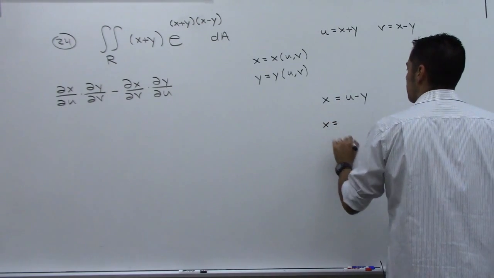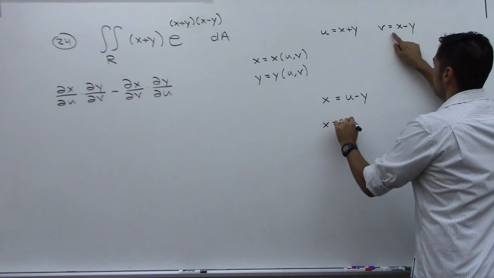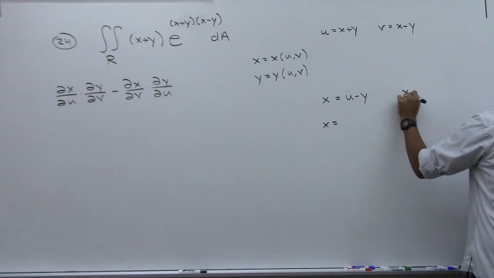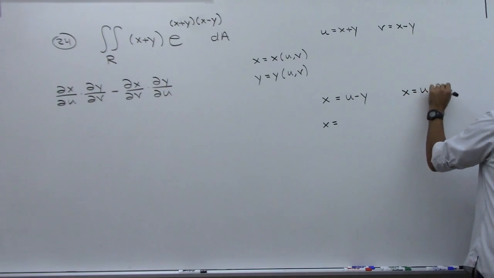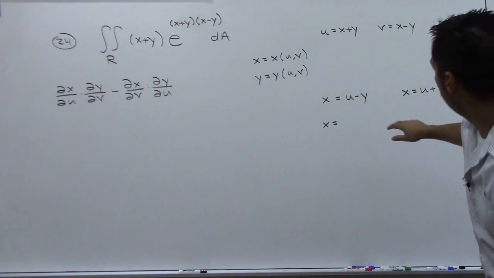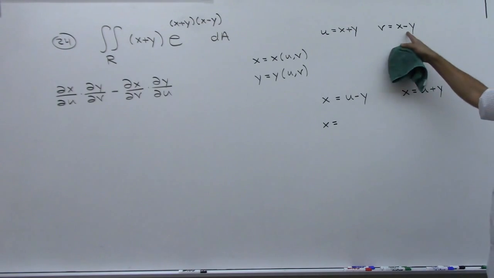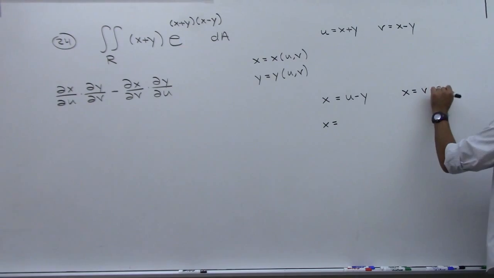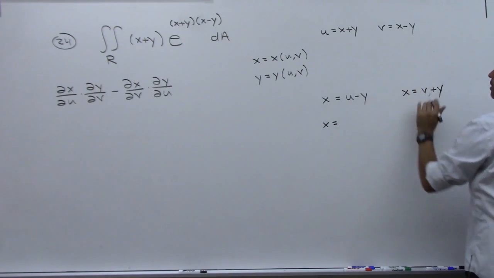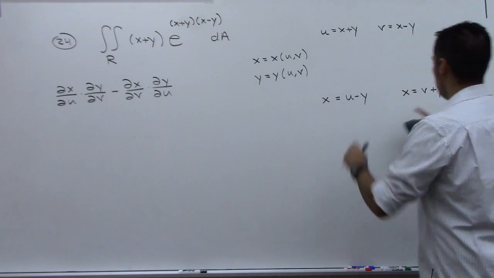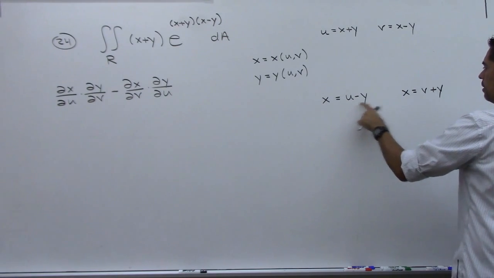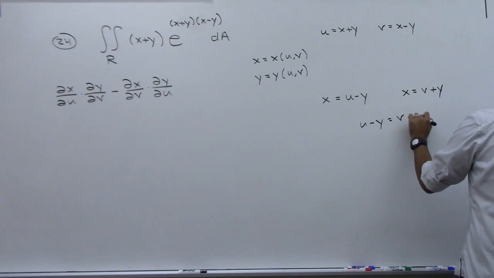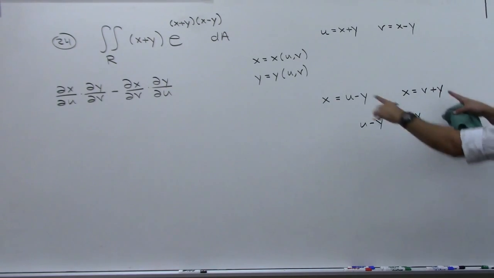And let's solve this one for x also. x equals v plus y, so just move this over. So that's what those two are equal to. So you can say that u minus y must be equal to v plus y, because they're equal to each other.